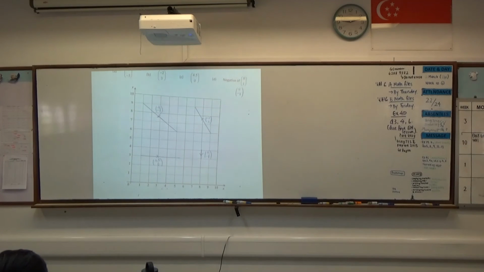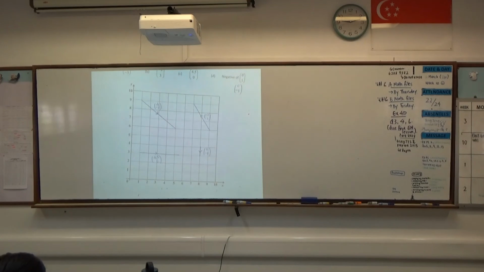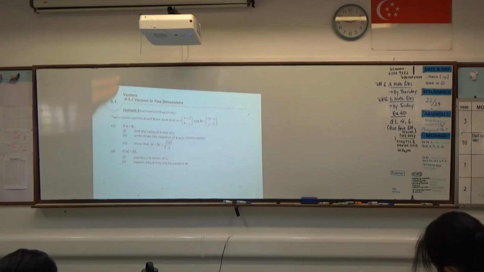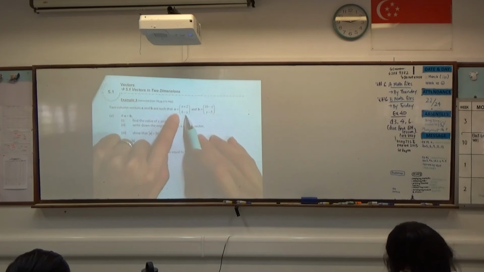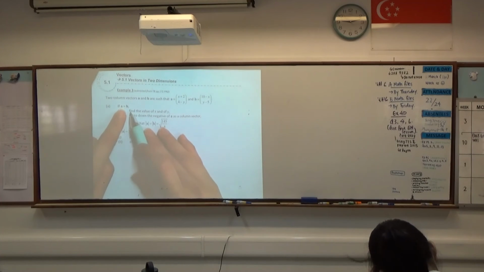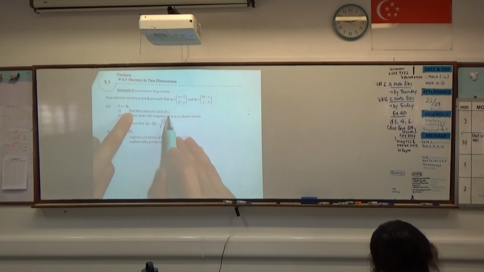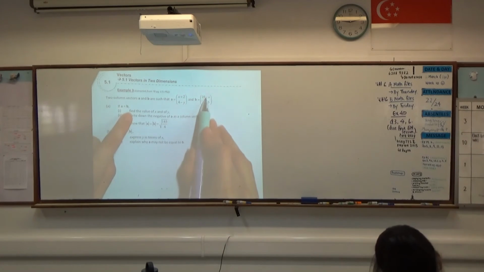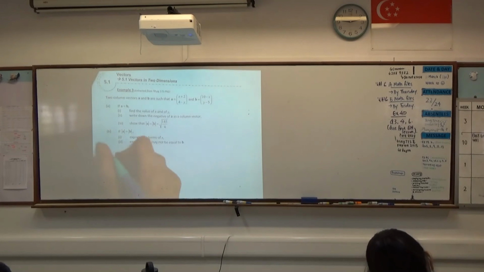Next, we look at example 3. Two column vectors A and B are such that A is equals to this, B is this. If given the condition that A and B are equal vectors, we want to find the value of x. So just like how equal matrices are like, the x component will have to be equal, y component will have to be equal.